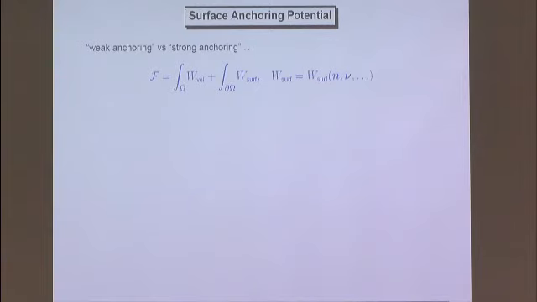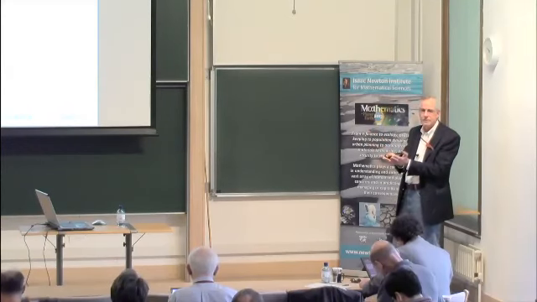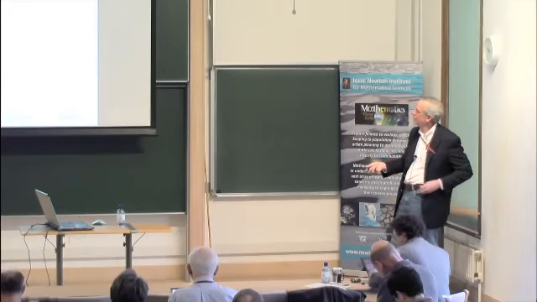The last thing that you will sometimes see in this model are additional terms to account for a weak tendency of the confining substrate to encourage a particular alignment of the director. So frequently in the modeling, you will see the distinction made between a so-called weak anchoring and a strong anchoring. Strong anchoring, just in mathematicians' terms, just means you have a Dirichlet boundary condition on the director field on all or some portion of the confining boundary.